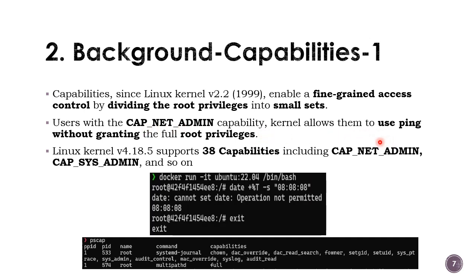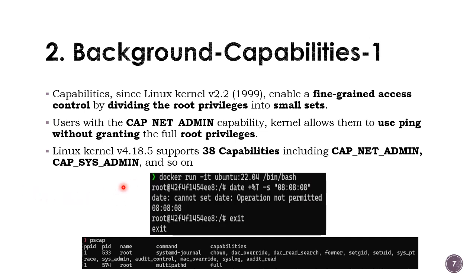It means that a user who has this label can use ping without being granted the full root privileges. In some versions of the Linux kernel, like 4.18.5, it supports 38 capabilities, including CAP_NET_ADMIN and CAP_SYS_ADMIN. Each of these labels represents actions that the user is allowed to do.